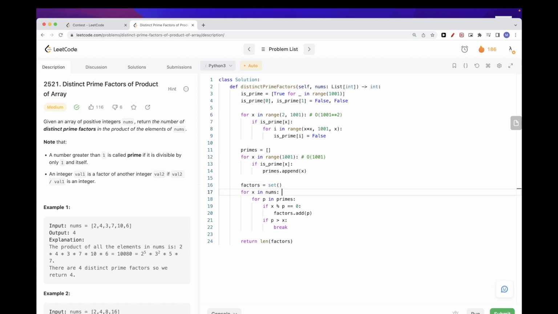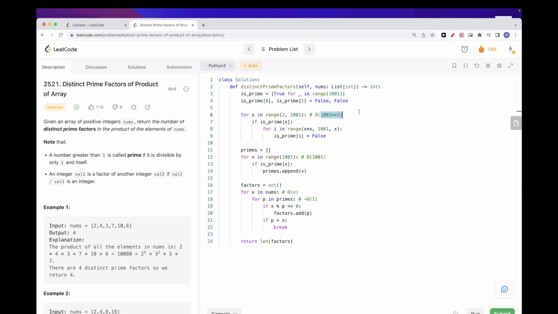And this is O of n. The number of primes up to 1001, I think it's constant as well. It may be like 20 or 30, something like that. So we can say this is roughly constant. And so overall it's O of n here.